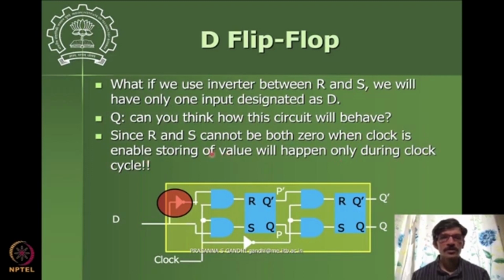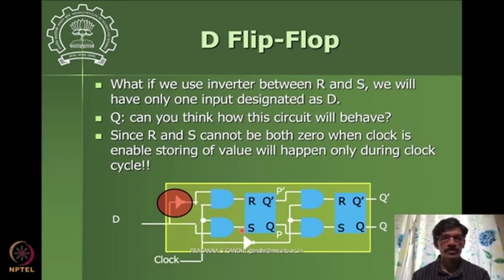You can do a little bit of analysis and you'll find that R and S cannot be both 0, and these changes will happen only during the clock cycle. When the clock is disabled for this part, then R and S are going to be 0, because these are AND gates here.